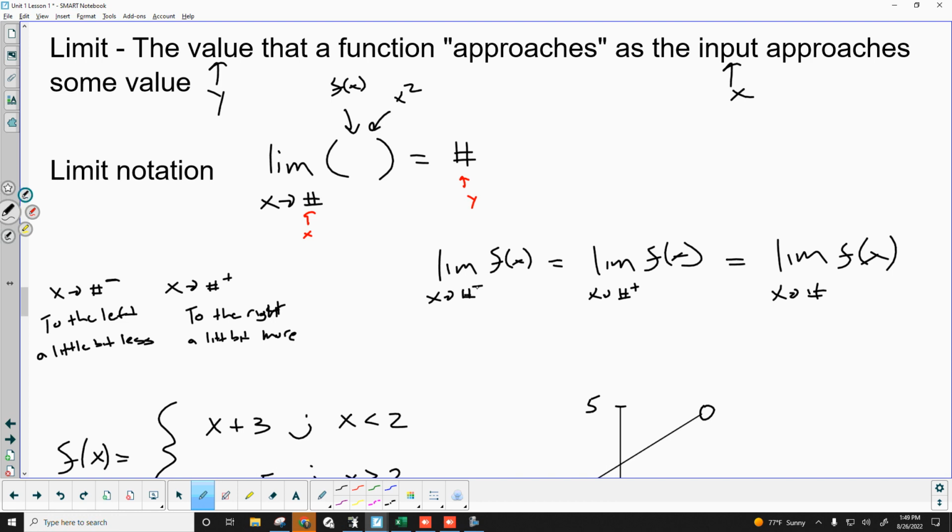This says if your left hand limit equals your right hand limit, then you have your limit in general. In general has no notation.